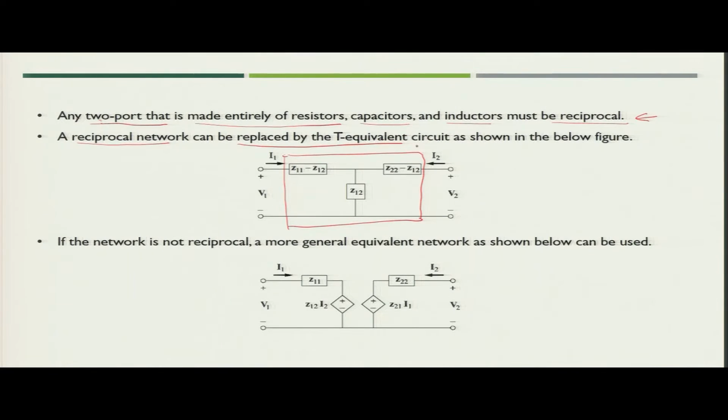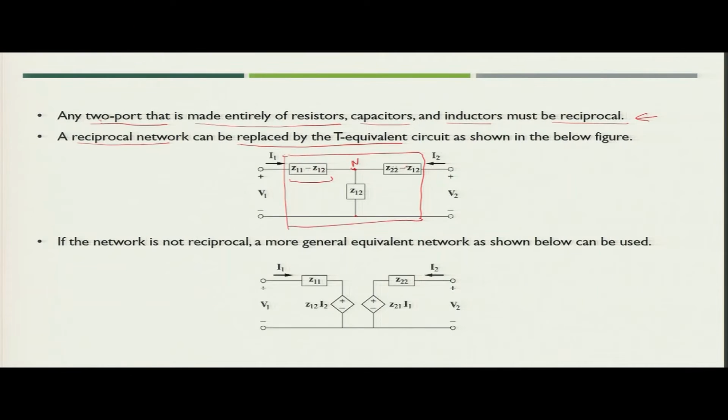Now, what would be the values of the T equivalent circuit parameters? The values of impedances for the T equivalent would be: on the left side you will see the value Z11 minus Z12, that is the first leg of the T. Then on the right you will see Z22 minus Z12, that is the right leg of the T, and then the branch Z12, which connects the node at the center and the reference node.